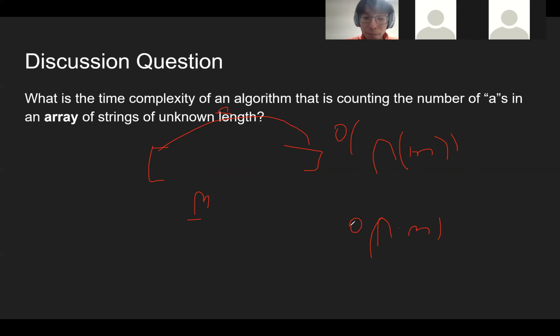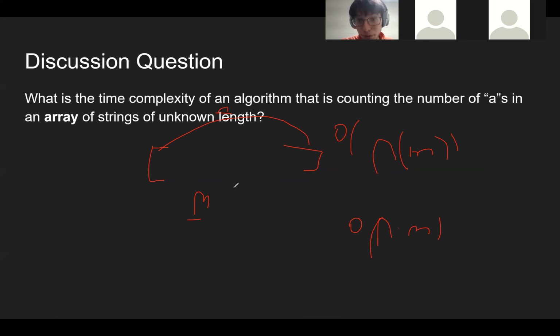That's our big O. Because just as you said, we're going to need a nested loop, one to go through each string and one to go through the array of strings. Now, if we knew ahead of time that every string is of length 10, then what do you think our big O notation would be in that case?